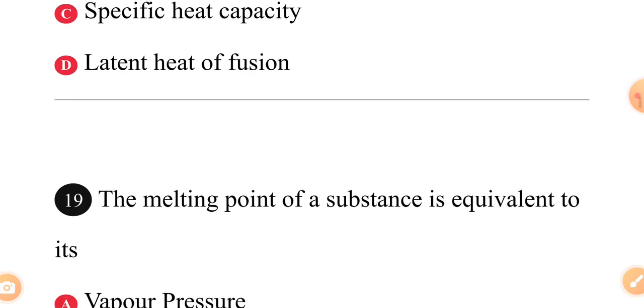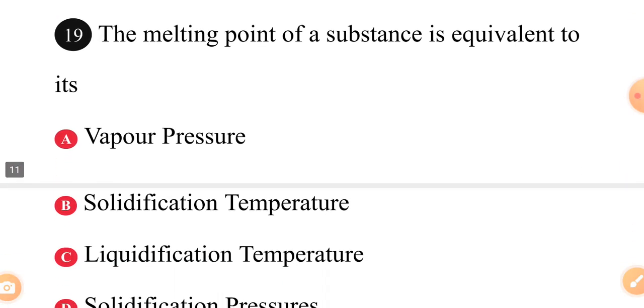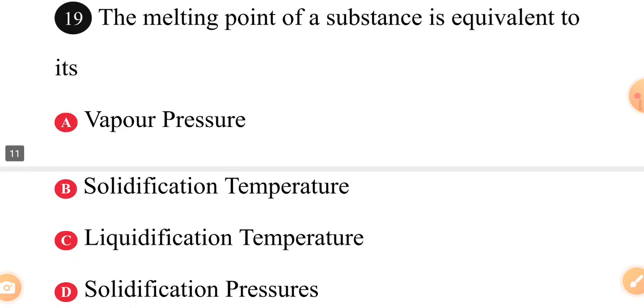We move on. Question number 19. The melting point of a substance is equivalent to its dash. I don't think I've treated this question before. A. Vapor pressure. B. Solidification temperature. C. Liquidification temperature.